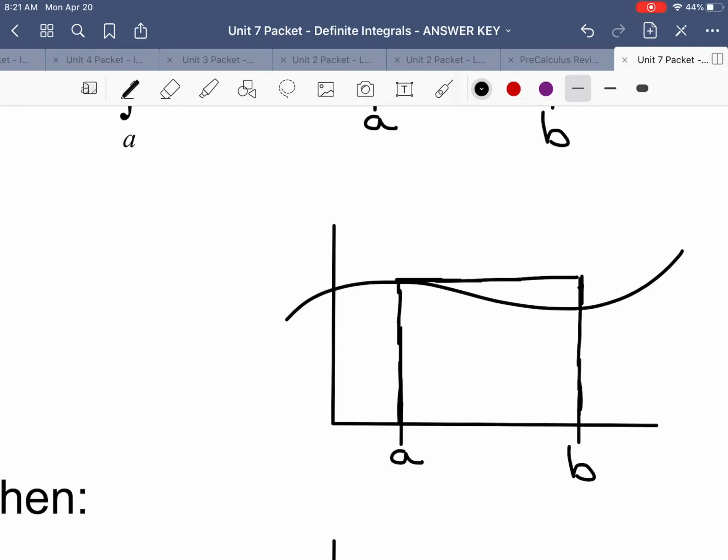Let's just say I use a rectangle to estimate the area. This is going to have some positive f, and I know it's positive because it's above the x-axis. And this dimension here will be b minus a.